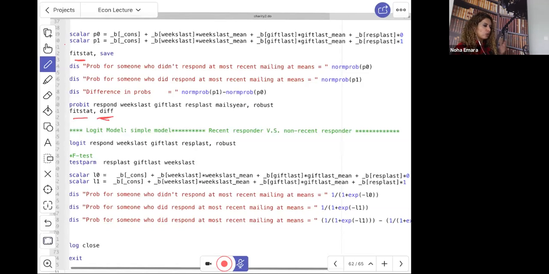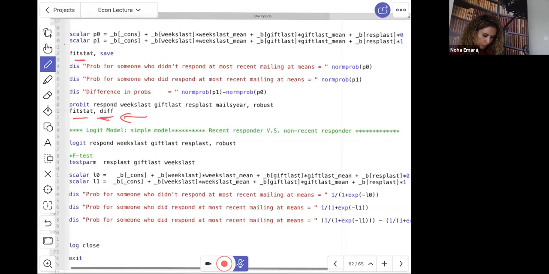If you don't understand what I'm saying, just refer to the video about the binary dependent variable part 1. That video takes you through all the measures of fit and the meaning of comparing two models, one that has all the regressors versus one that has just the intercept. So fitstat is all about the measures of fit.